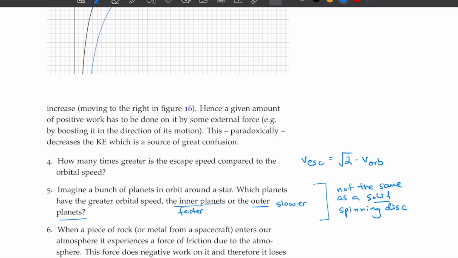Well, this is the opposite of that, because here we don't have a solid disk. We just have gravity holding onto these planets, and the further away they are, the slower they move in their circular orbit.